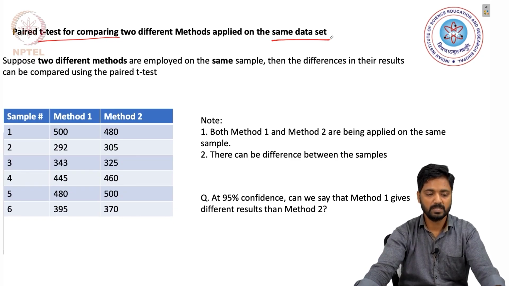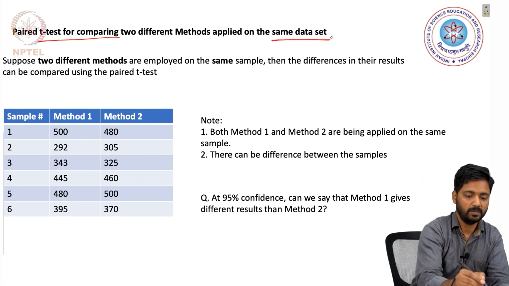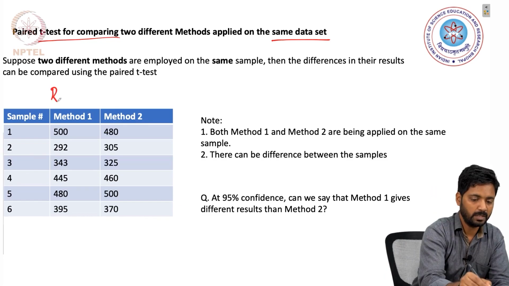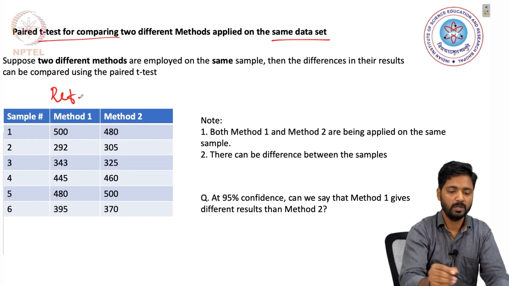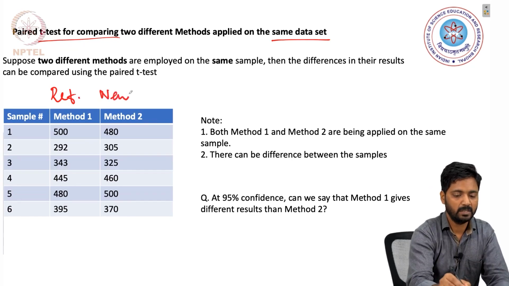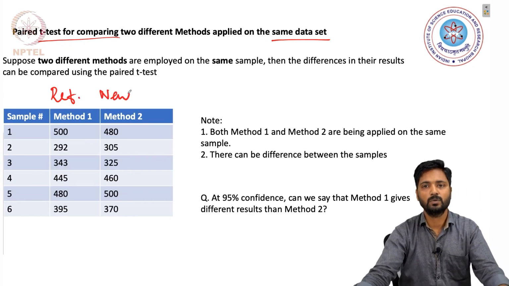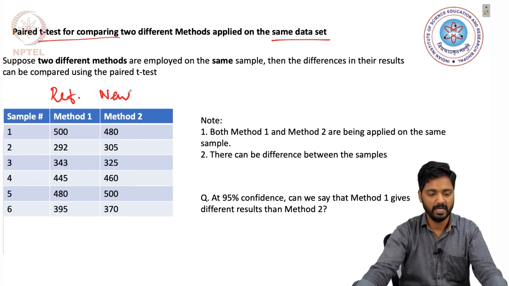And one example of that is, suppose there is a blood test that is done on a patient. So suppose method 1 shown here is the reference method, and method 2 is a new method that is being developed to estimate the same analyte.